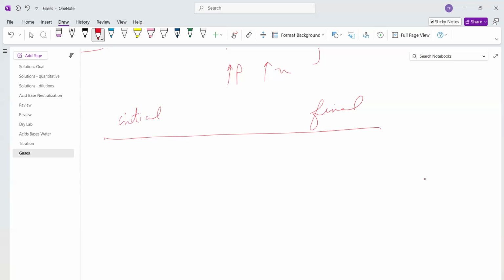And we're using PV is equal to nRT initial, PV is equal to nRT final.